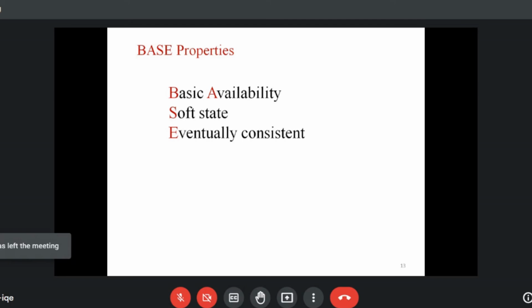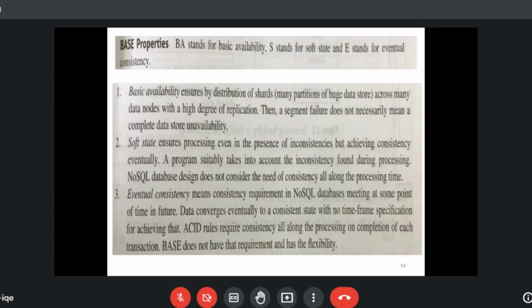So in the scenario of NoSQL, the transaction definition will be in terms of these BASE properties.